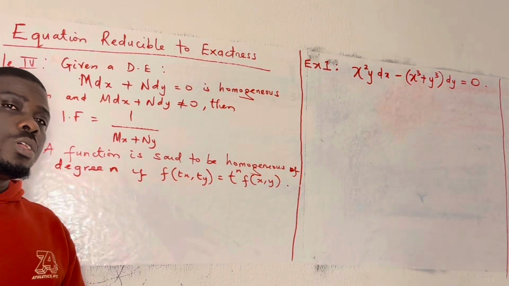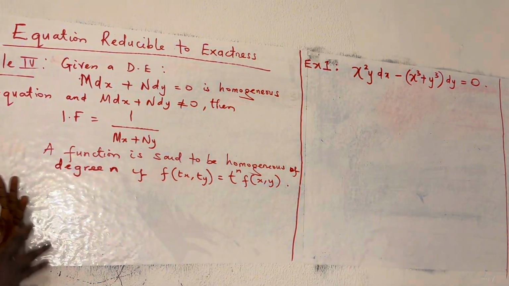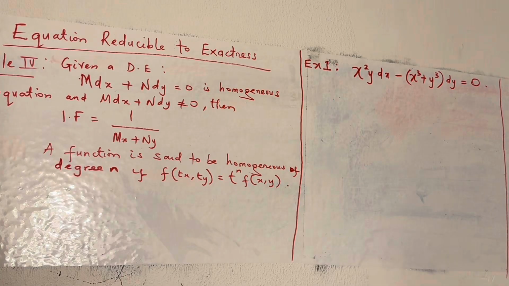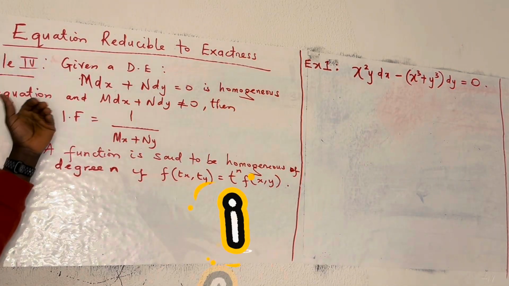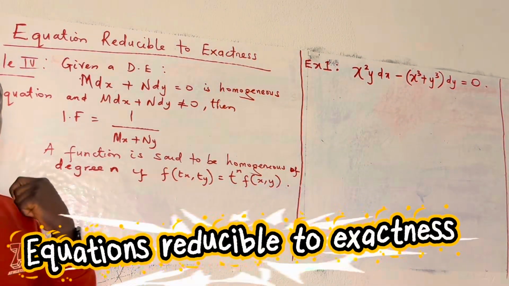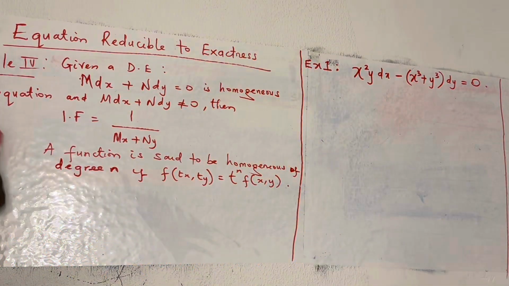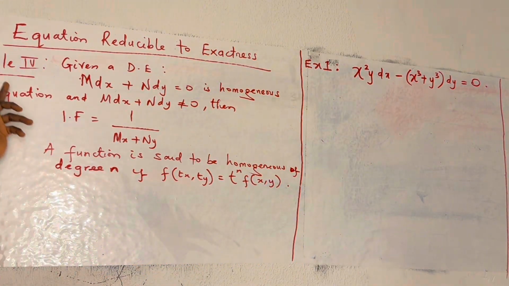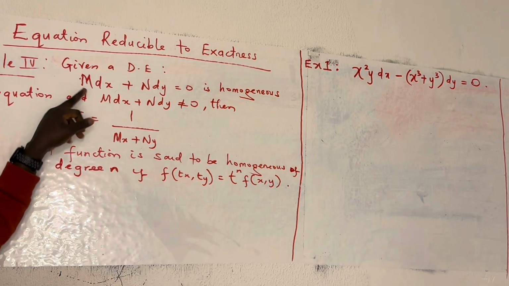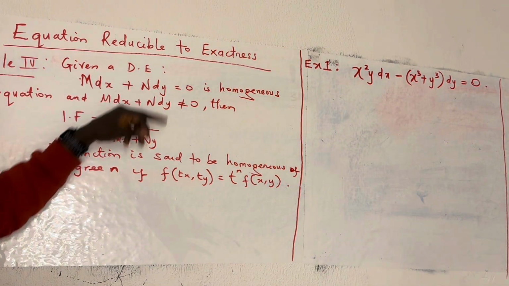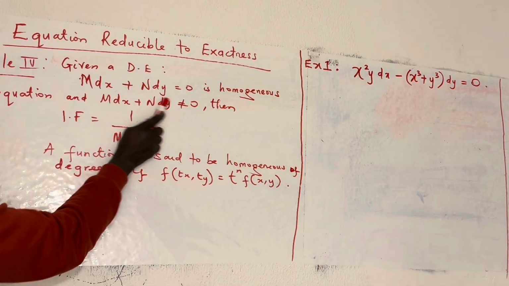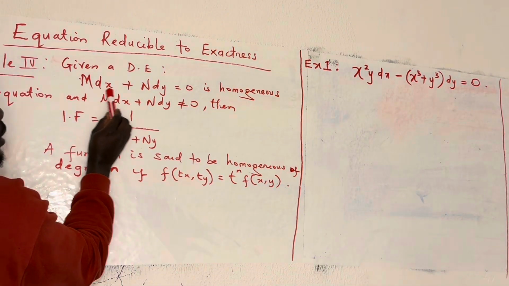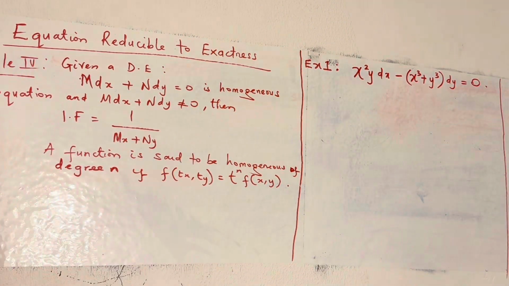Hello everyone. Today I will be discussing the fourth rule of equations reducible to exactness. Now, what is rule 4 trying to explain? Rule 4 says that if you are given a differential equation of this form, the differential equation must be homogeneous.